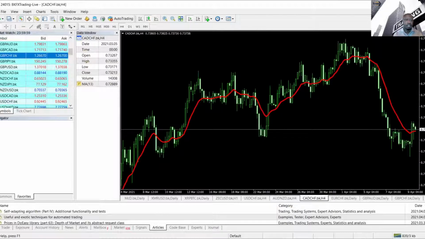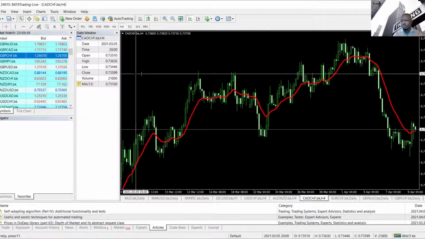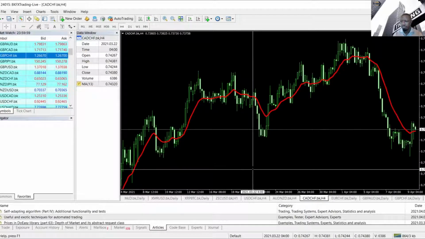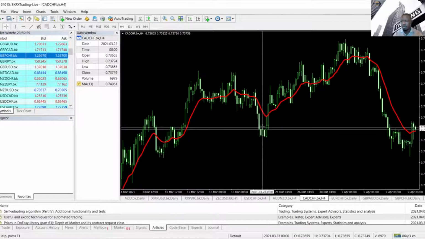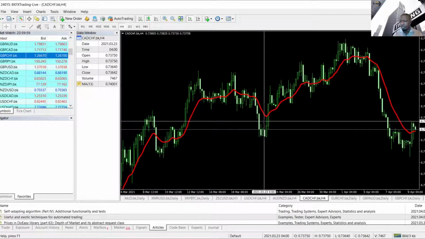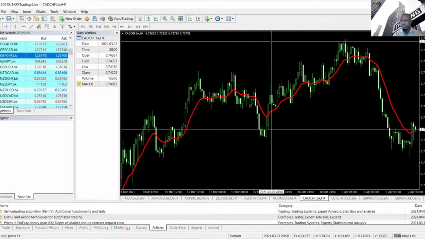Like I mentioned, we will be taking our entry. Let's say we can be buyers at 0.73896, or you can just call it 0.73900, and we will be taking profit at about 0.75232.